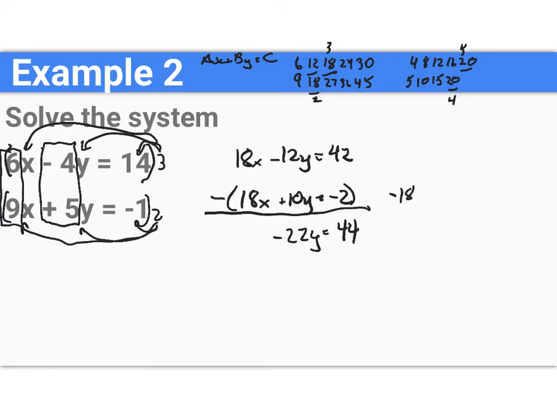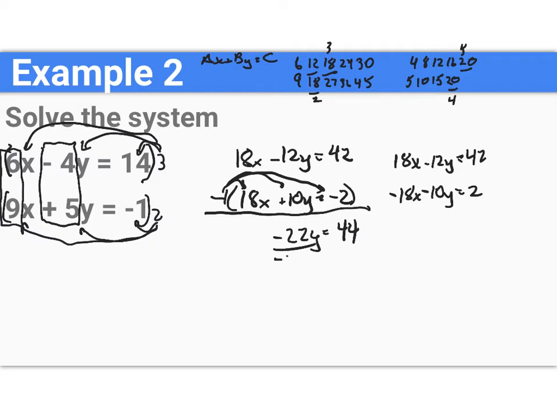So this should look like -18 minus 10y equals 2. Your teachers may tell you to do that. However you understand it is fine with me. But this negative means -1 if there's no number after it. And it has to, just like the 2 and the 3, distribute to everything.